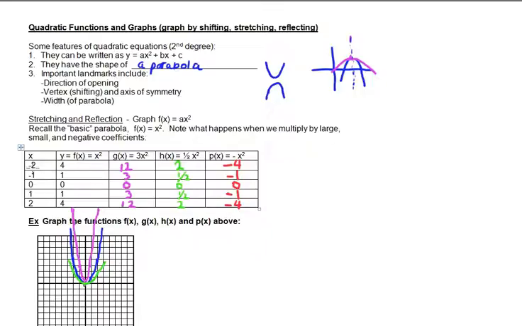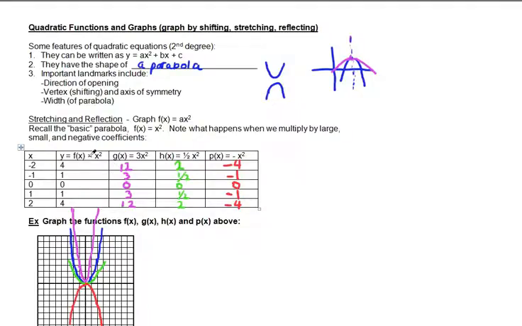Plotting these points, in the negative x direction we've got negative 2, but this time negative 4. We have the point negative 1, negative 1. Again, the origin at 0, 0. When x is positive 1, y is negative 1. And when x is positive 2, y is back at negative 4. Now when we plot this one, it looks upside down.